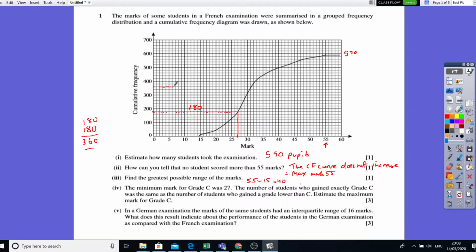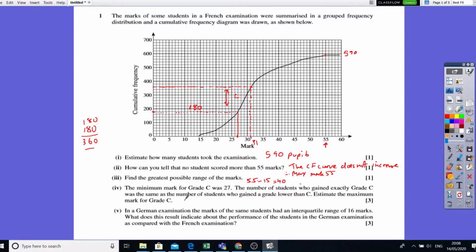So if we went along here, since that is 360 and that's 180, so all these students between here achieved a grade C, which was 180 students, which is the same as the ones that scored less than a grade C. So the maximum mark here, I'll bring that down slowly in a straight line, use a ruler please, it's going to be 31 marks.